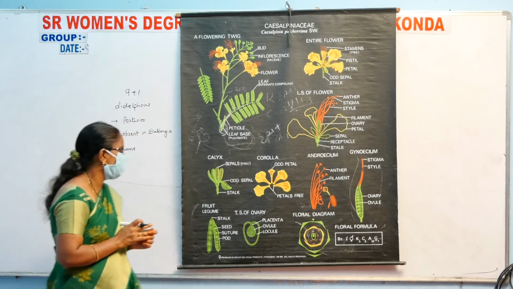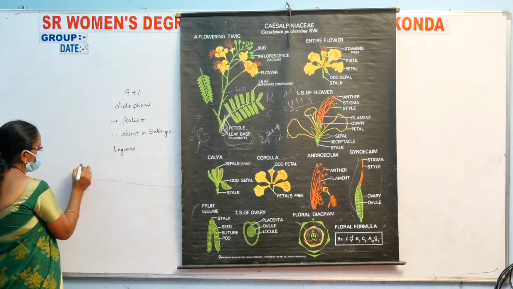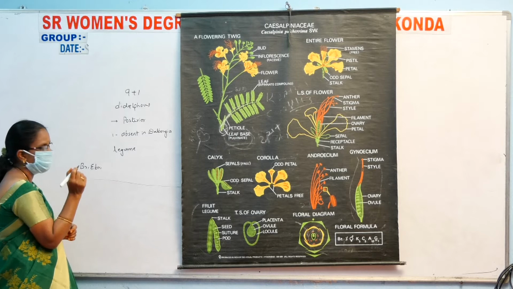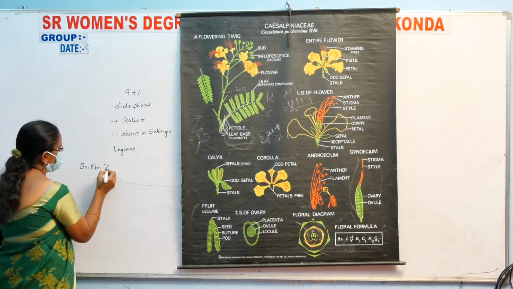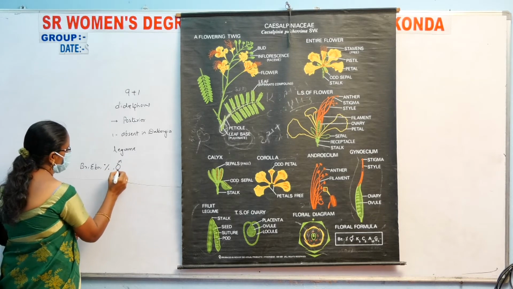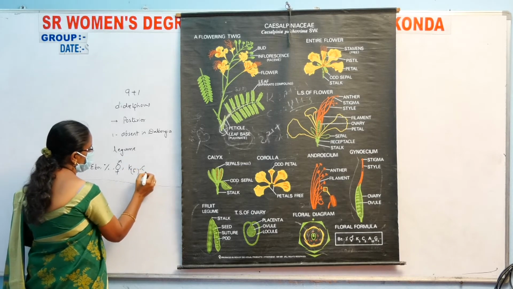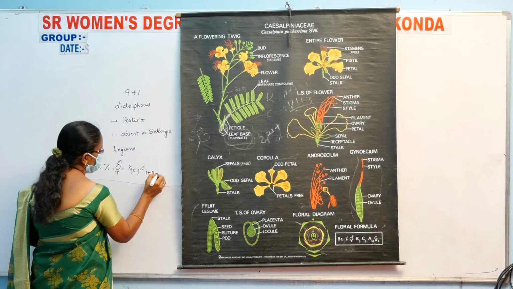The floral formula is bracteate, ebracteolate, zygomorphic, bisexual, K5, C1+2+2.